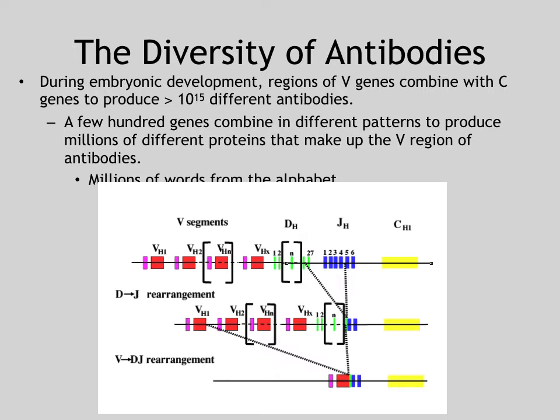So in antibodies, during embryonic development, we have a set of genes called V genes or variable genes that combine with the C genes or constant genes, the constant regions of our antibodies, to produce greater than 10 to the 15 different types of antibodies. That is a huge number. We produce millions upon millions upon millions of different antibodies, not to mention how many of each antibody, once it's activated, we actually produce.